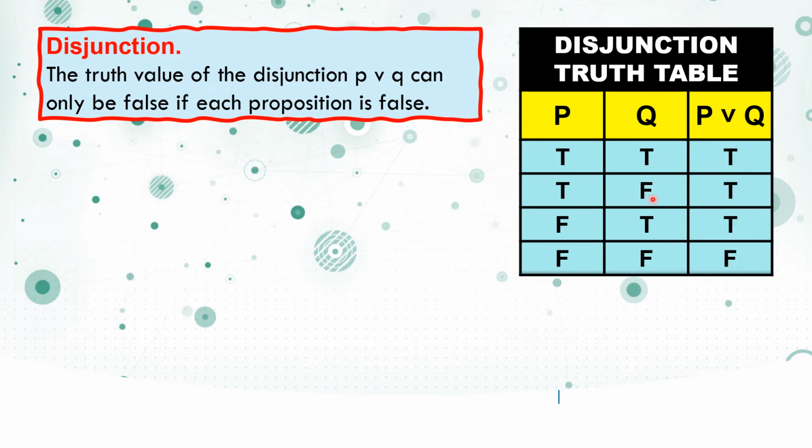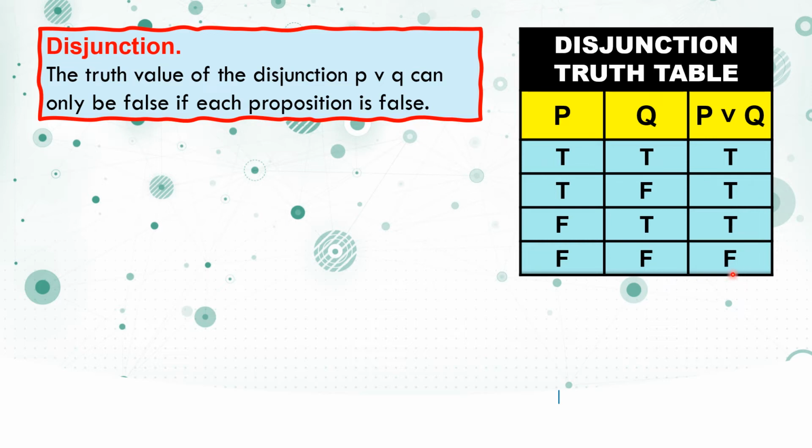True, false, the truth value is still true. False, true, the truth value is still true. Pero kapag both false, just like this one, false, false, the truth value of the proposition is false.